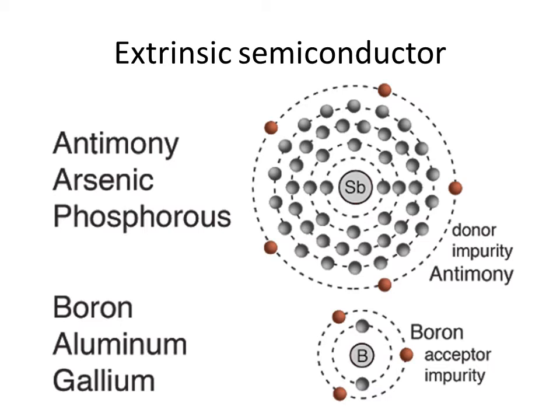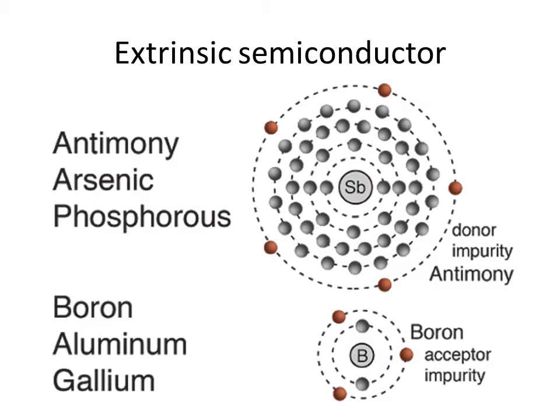In that process, you have probably heard about p-type material and n-type material, and those materials are referred to as extrinsic semiconductors. Pure semiconductors doped with some impurity atoms are referred to as extrinsic semiconductors. To make p-type or n-type material, you have to use dopant atoms from very different groups.